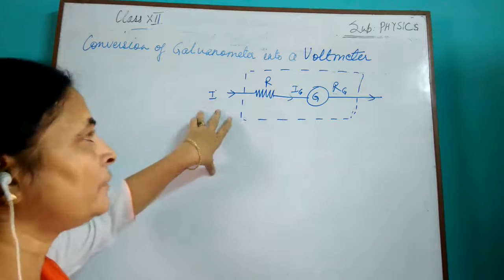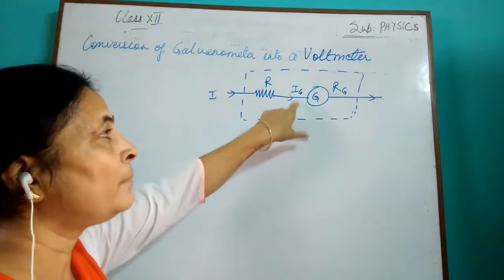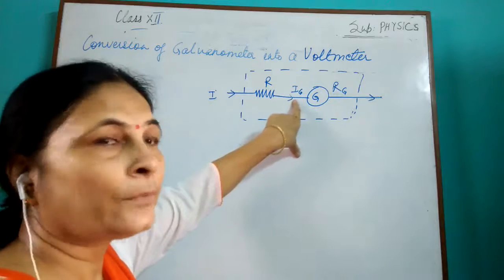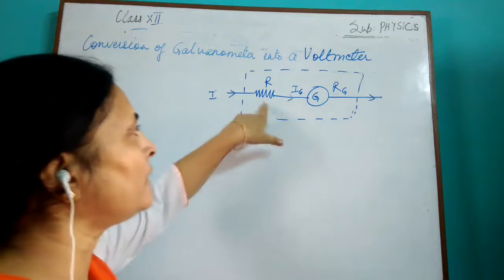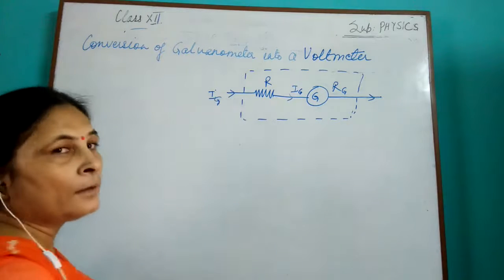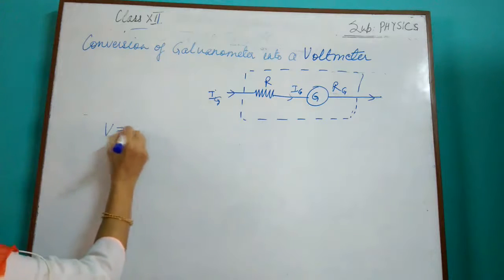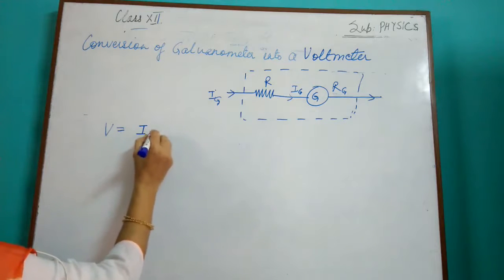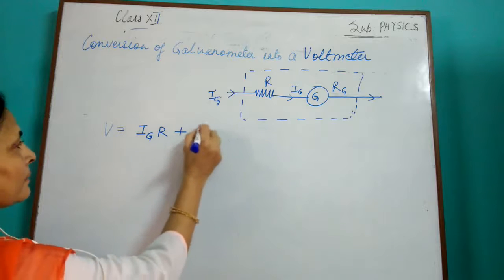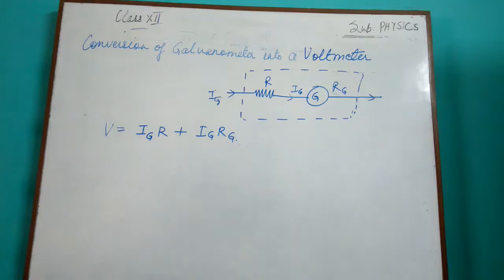So whatever voltage we are going to apply, the current is going to remain the same, as the maximum limit to the current flowing through the galvanometer is only Ig. As in series the current remains the same, only Ig current can flow through this combination. So V will be equal to Ig R plus Ig Rg.